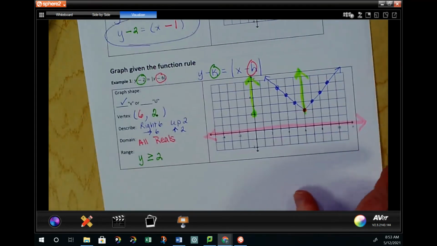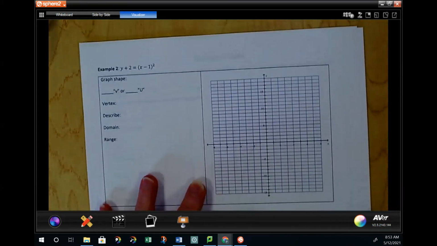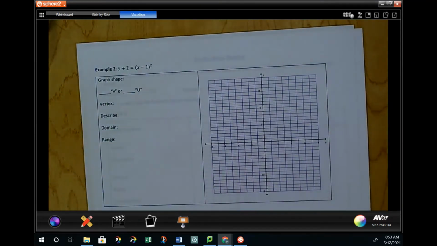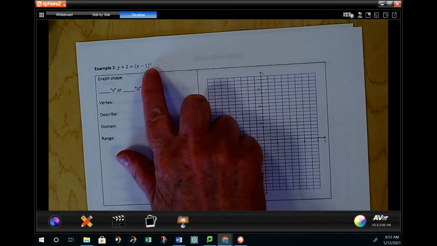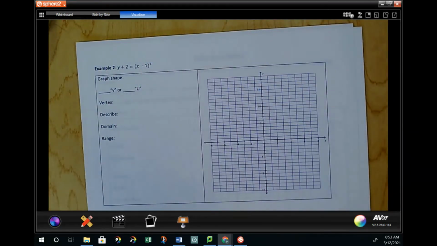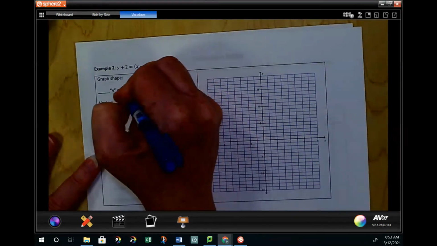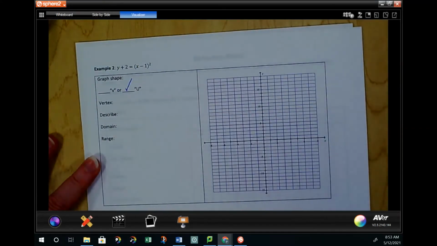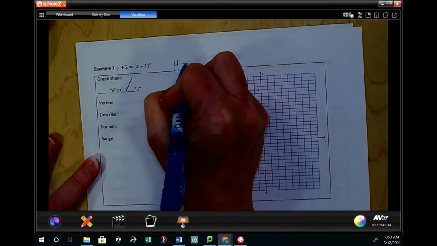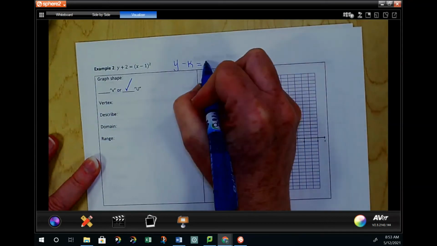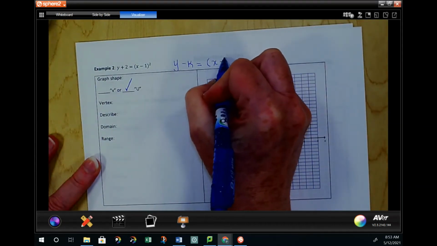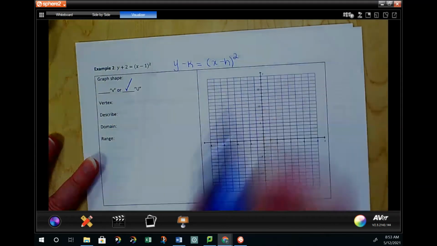So that's for example 1. Let's go to example 2. So example 2, got my vertex point. Now this has a squared. This function rule has a squared, x minus 2 squared, so this is going to be a U-shaped graph. And remember that the shape was y minus k is equal to x minus h squared.